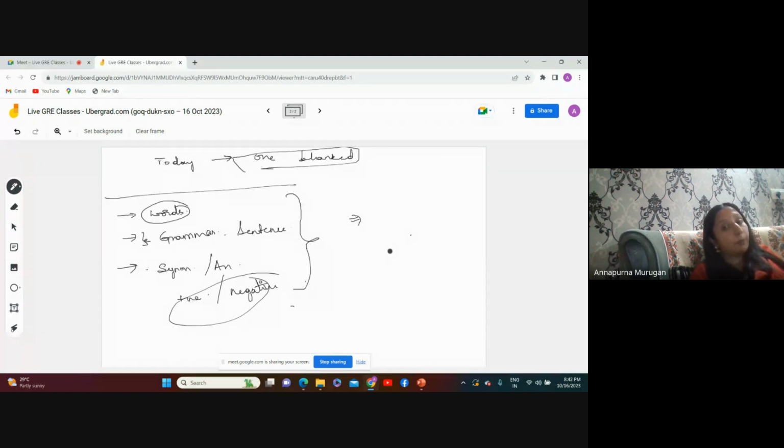And you also know that 50% of the verbal will be based on text completion and sentence equivalence, while 50% will be on CRs and RCs, that is reading comprehensions and short passages.